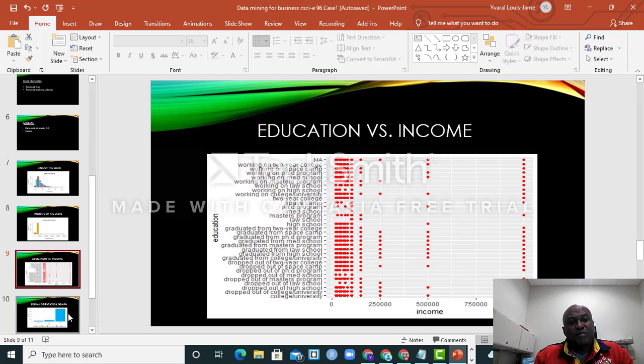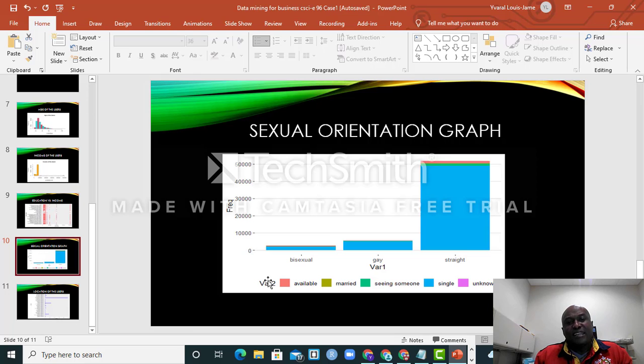And I moved forward. I checked on the sexual orientation. As you may see, look at the straight people graph. It really surpassed the gay and bisexual by a long margin, by a big margin.